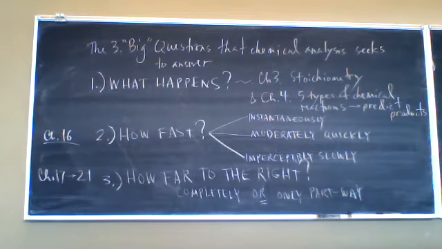Now what I'd like for us to do is just talk in a little more detail about the 5 types of chemical reactions to make sure that everybody remembers what we need to remember about those.